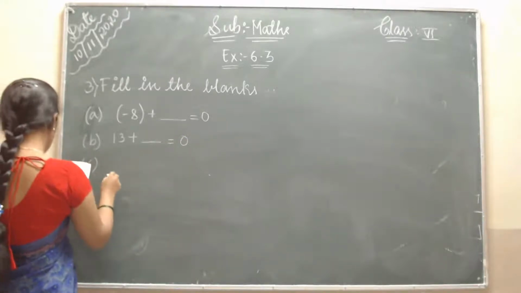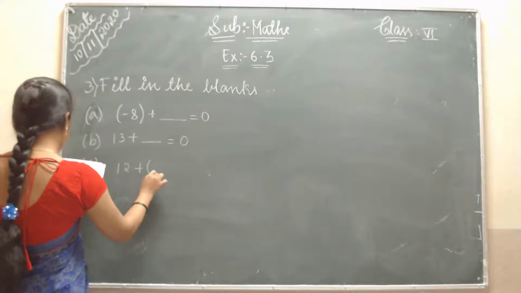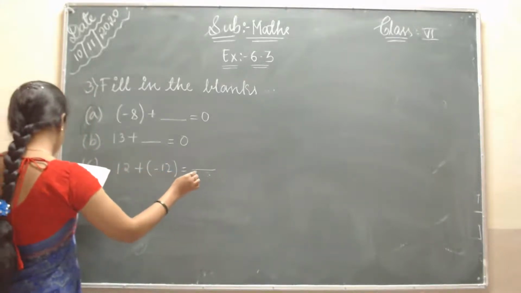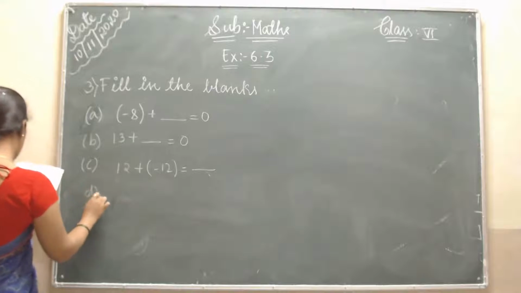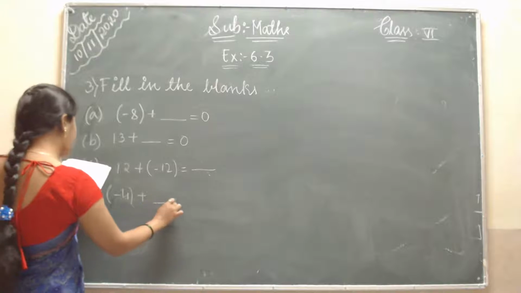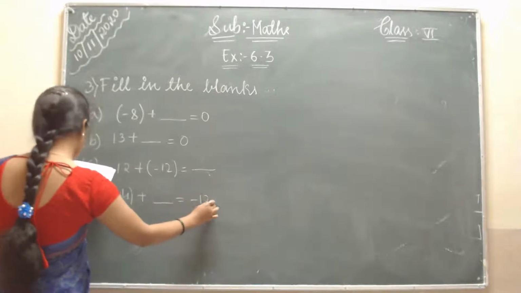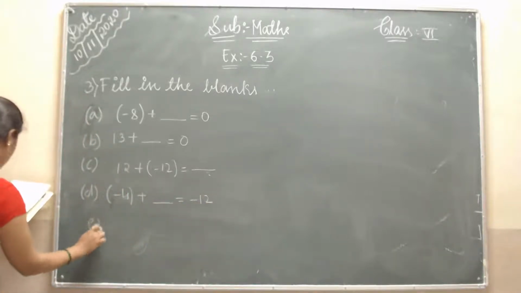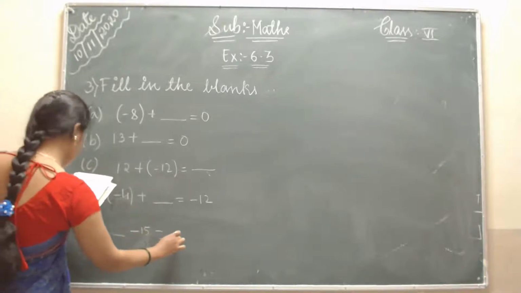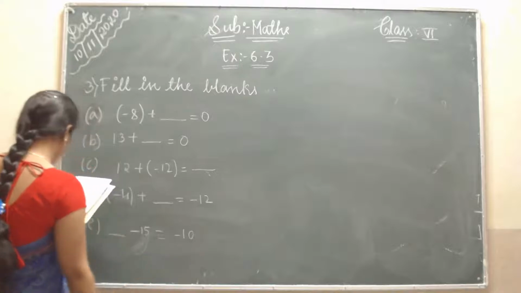C: 12 plus of minus 12 is equals to dash. D: minus 4 plus dash is equals to minus 12. E: dash minus 15 is equals to minus 10.